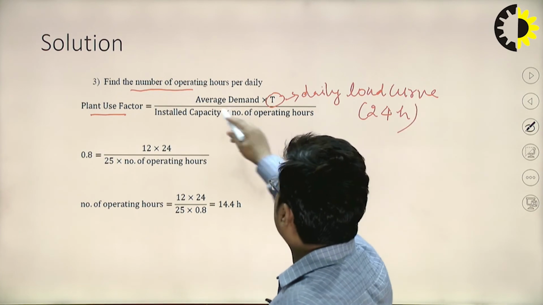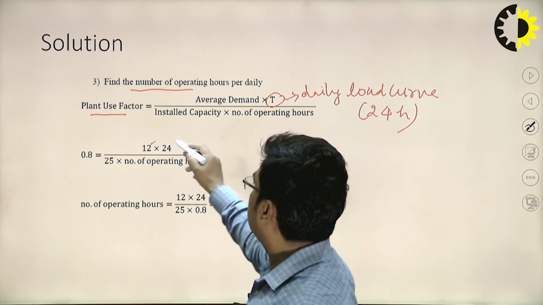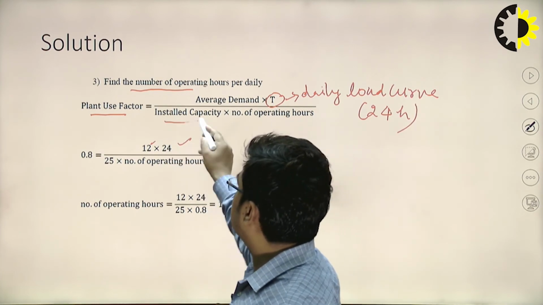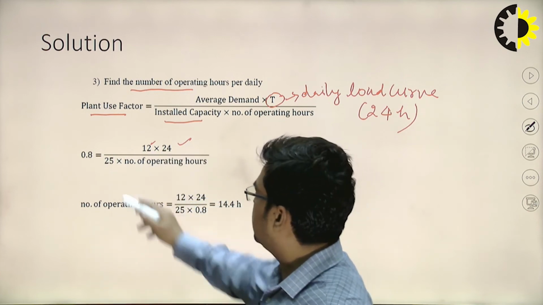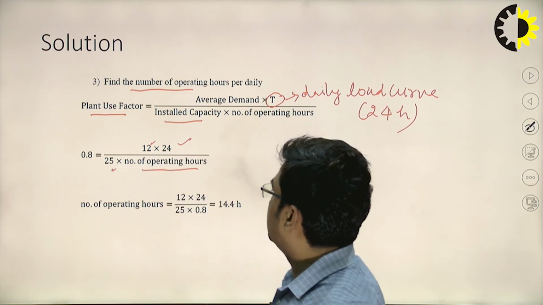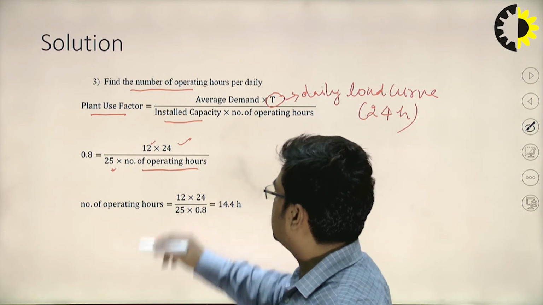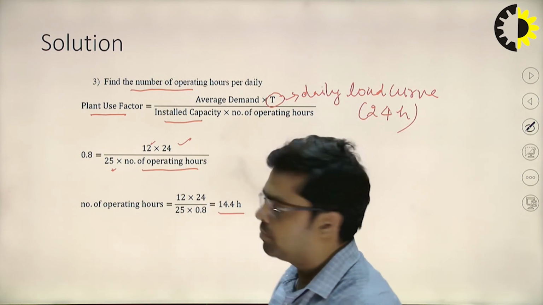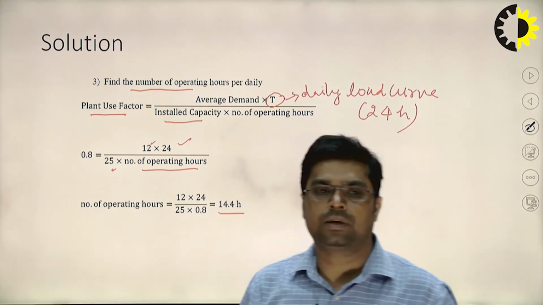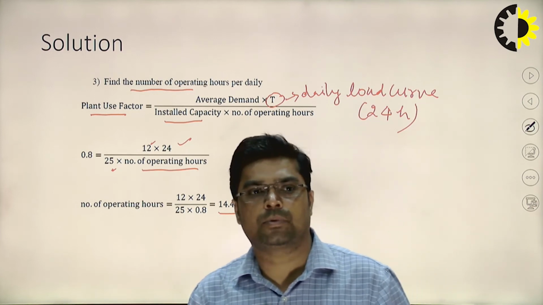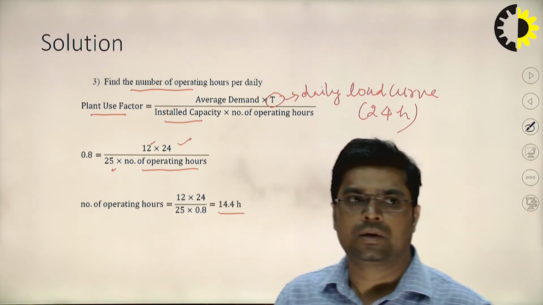So we multiply the average demand by 24 hours. The plant installed capacity is already calculated, that is 25. We have to find the operating hours, and we calculate simply that 14.4 hours can be used. This important information we again get from the load curve.